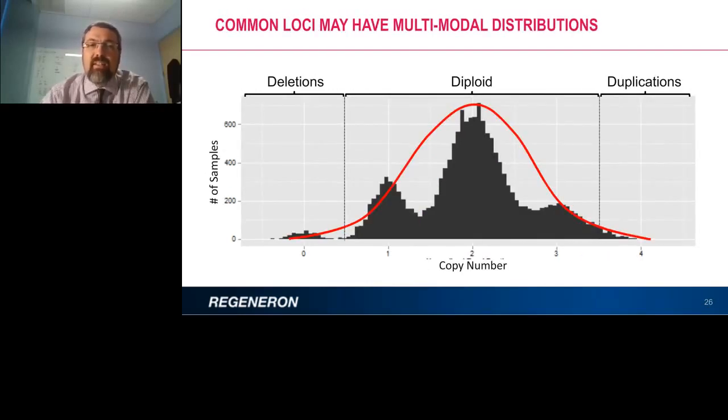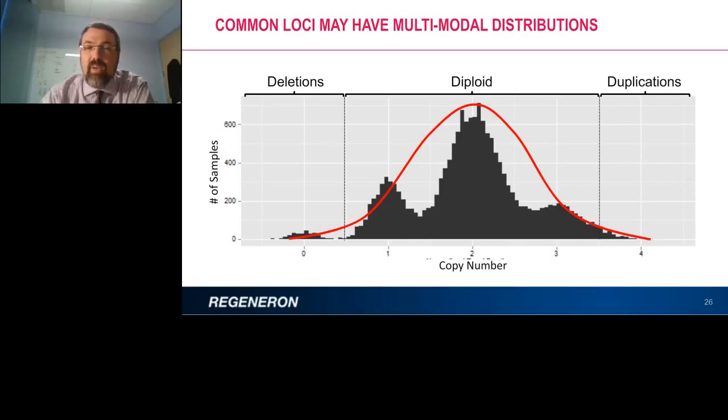But if you have a site that's variable, where some samples are copy number 0 and some samples are copy number 3, most are diploid, some are heterozygous with a single copy deleted, it's really not useful to fit that single distribution anymore. And this has been a big confounder in trying to understand the impact of common copy number variation in calling copy number.